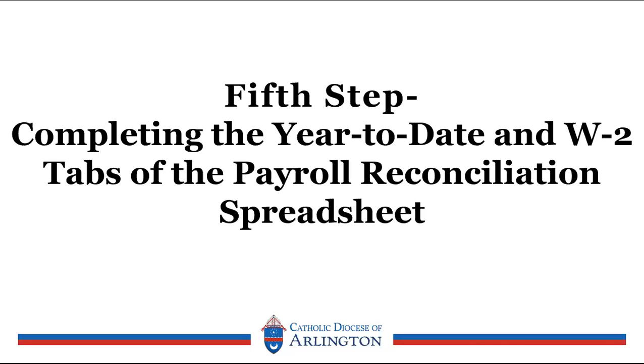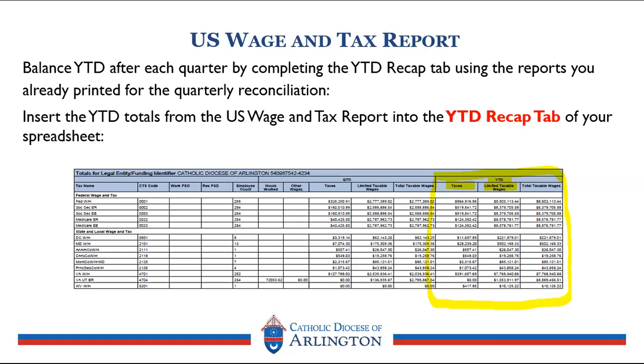The fifth step of the reconciliation process is to complete the year-to-date and W-2 tabs of the payroll reconciliation spreadsheet. Using the W-2 management report, balance year-to-date after each quarter by inserting the year-to-date totals from the U.S. wage and tax report into the year-to-date tab on your spreadsheet.